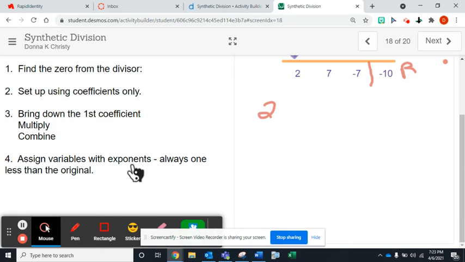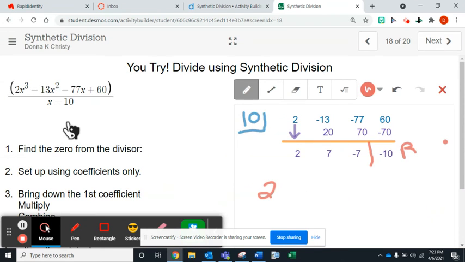Assign variables with exponents. Always one less than the original. This is a cubic, so the first one's going to be x squared. This is a plus sign because it's positive 7. What's the next one below x squared is x. There's nothing below x, so that's just minus 7.